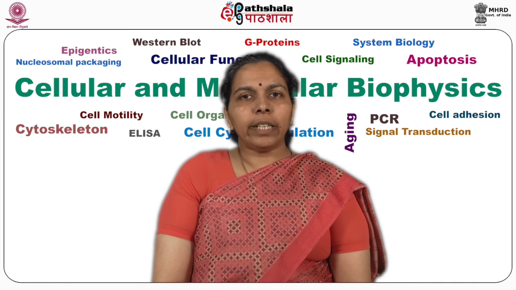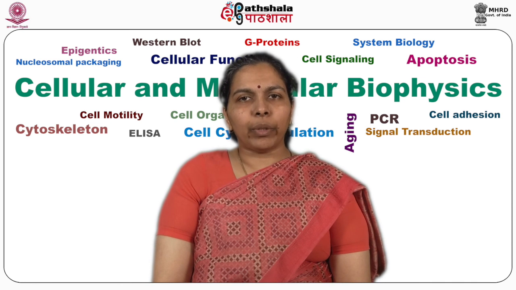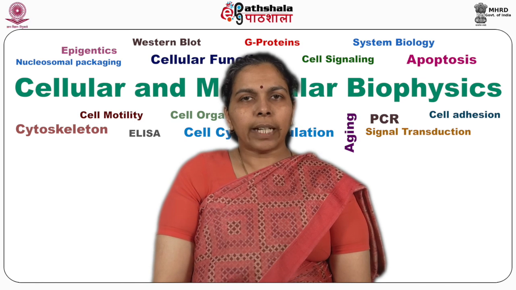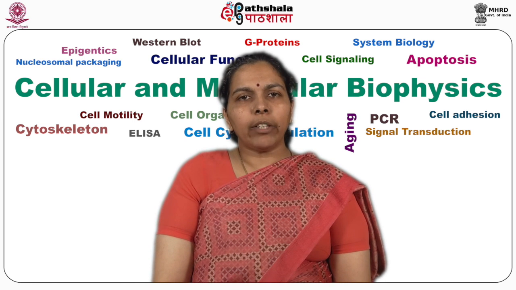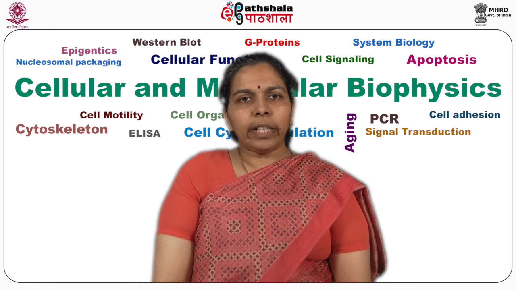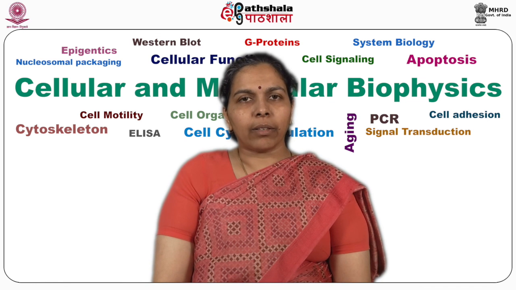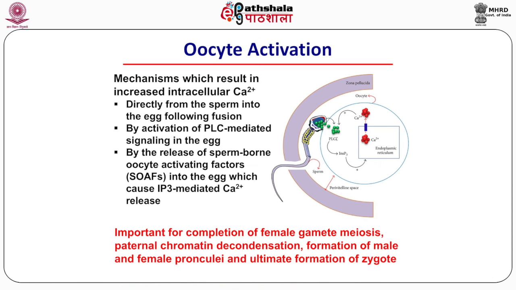Oocyte activation leads to not only completion of the female gamete meiosis, that is extrusion of the second polar body, but it is also required for decondensation of the paternal chromatin, because the sperm chromatin is highly condensed so as to minimize its size. So here the proteins which were bound to the DNA in the sperm are released.